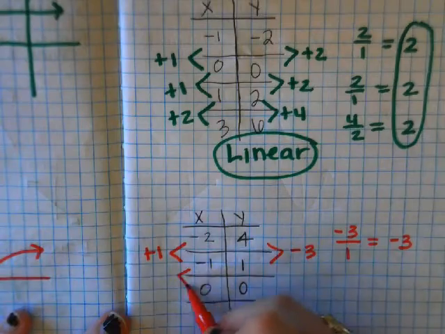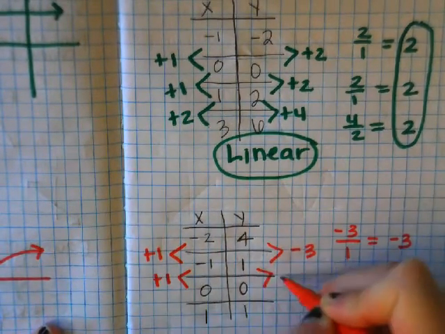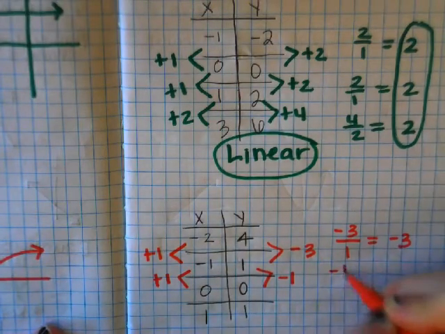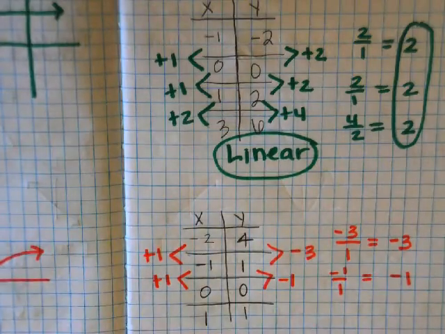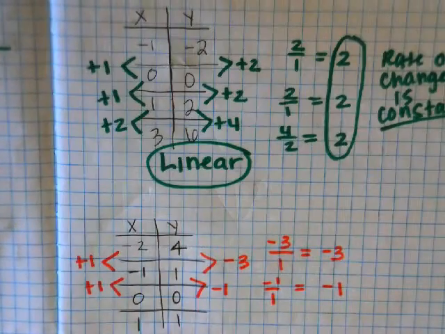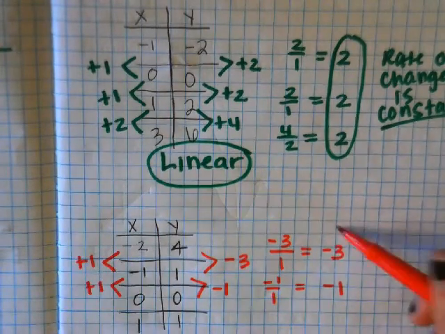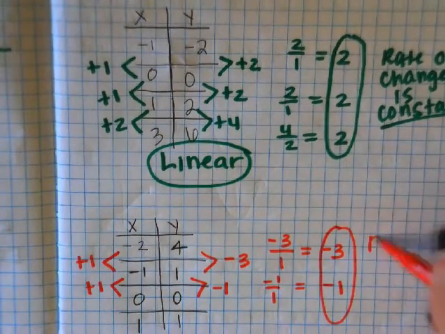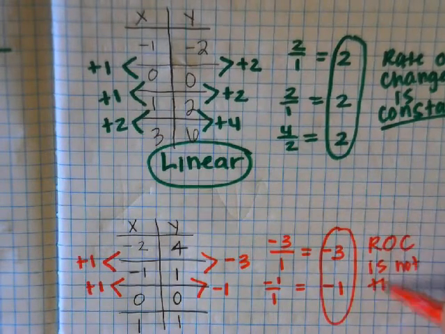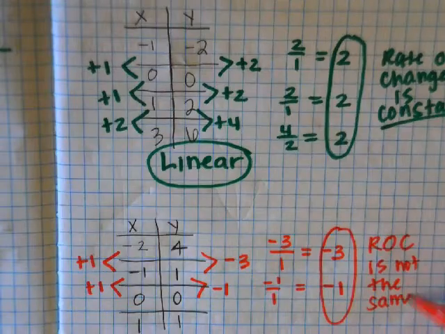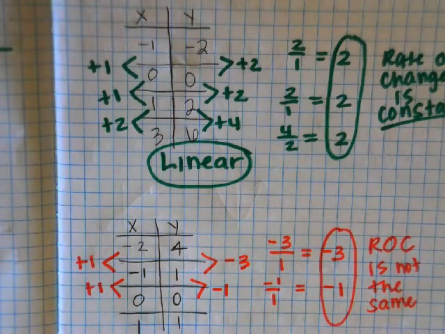From -1 to 0, I added 1, and from 1 to 0, I subtracted 1. So -1 over 1 is -1. And we can stop right there, because we already see that the rate of change is not the same. So therefore, this table is nonlinear.